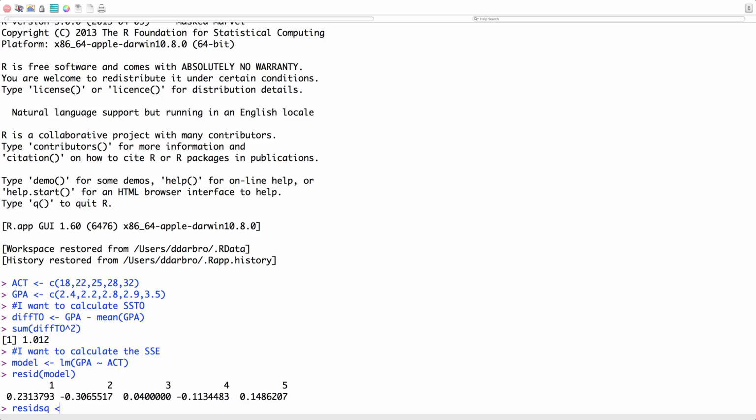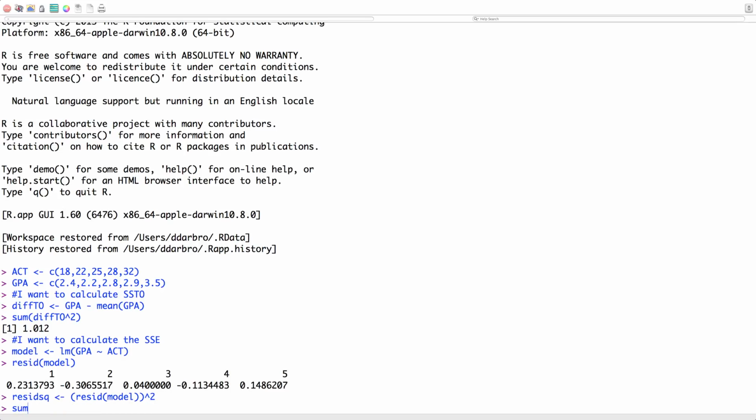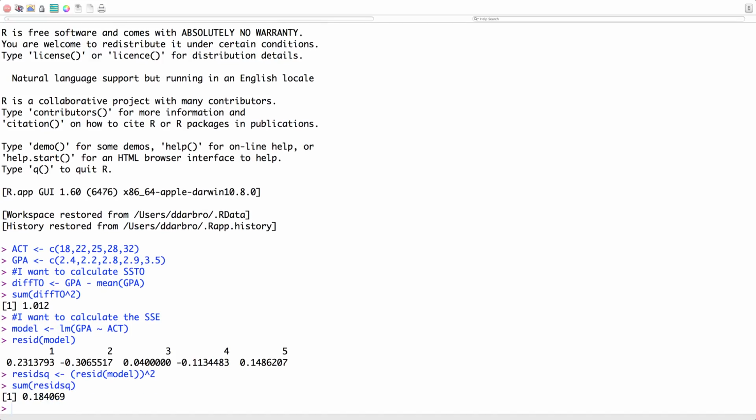Residual squared is going to be the resid for the model, quantity squared, and then I want to sum the resid squares. What I get there is 0.184, and I'm writing this down over on the chalkboard.